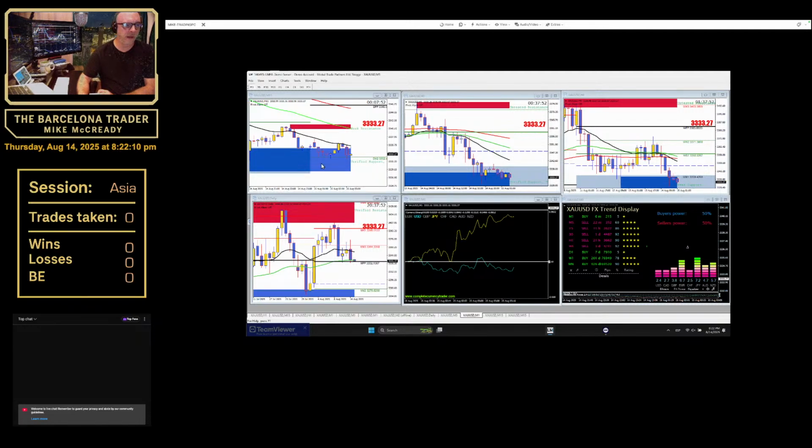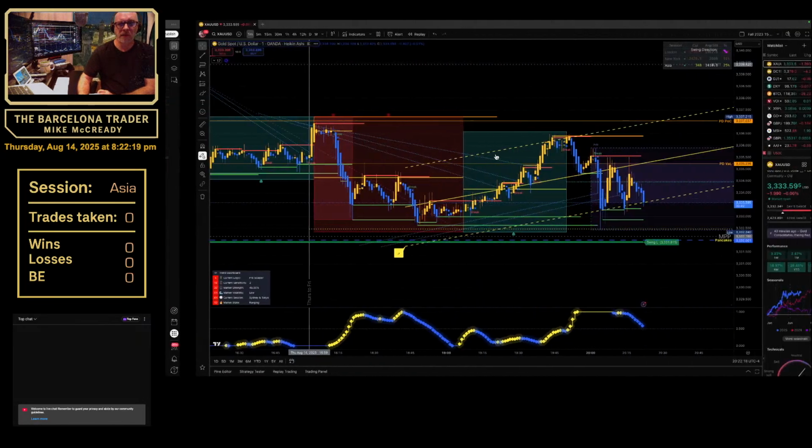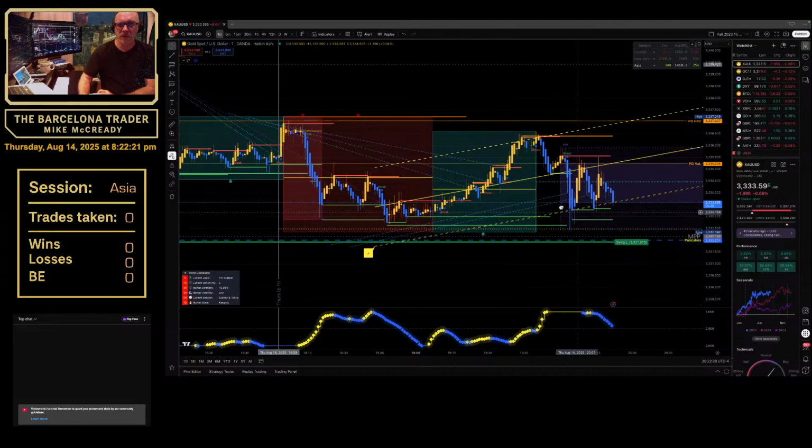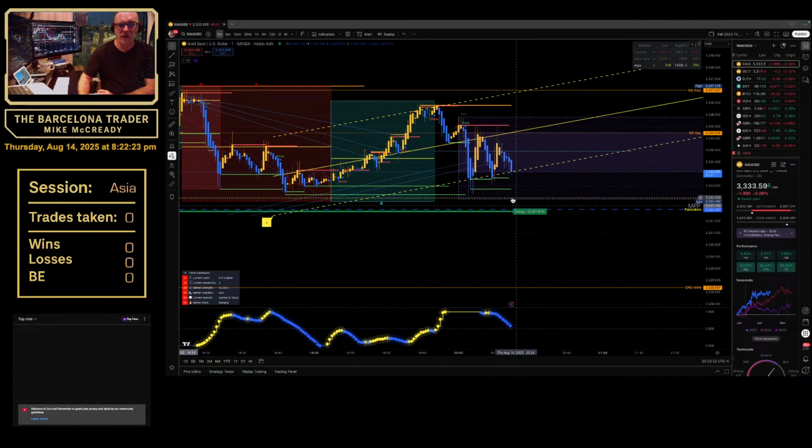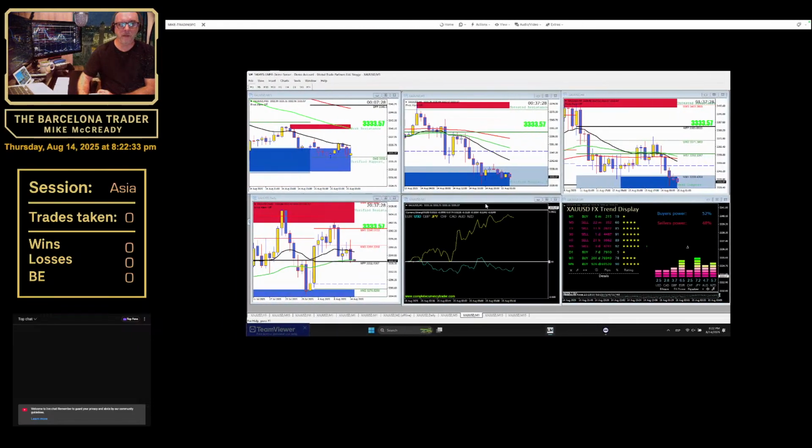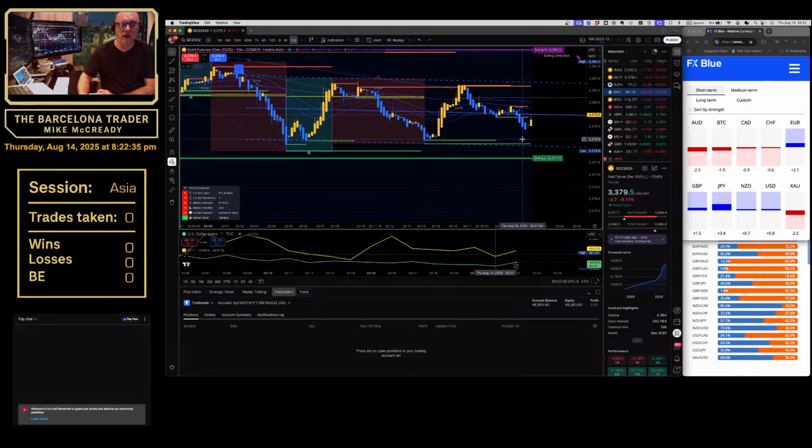It is big. But what that indicates to me is, as I was saying earlier, coming down onto this DM2 and the MMP, this area right here. So essentially what that other indicator is telling me is that from here all the way down to here, there's a lot of chop.